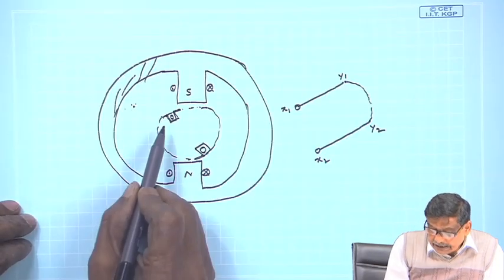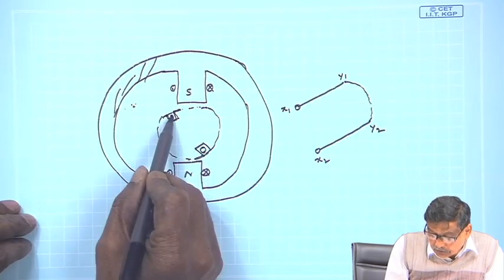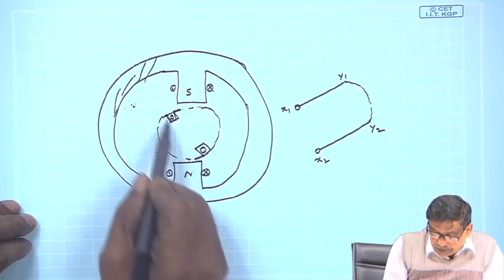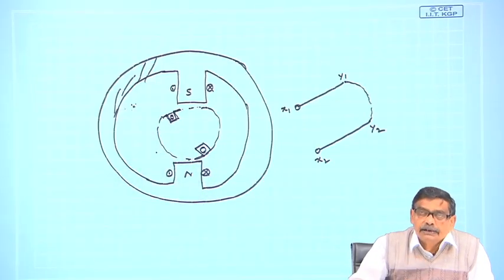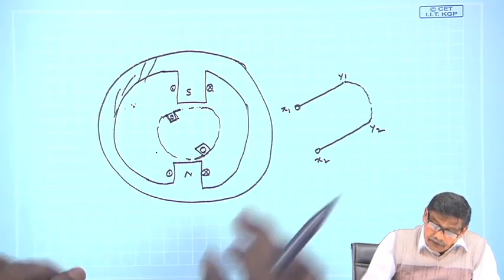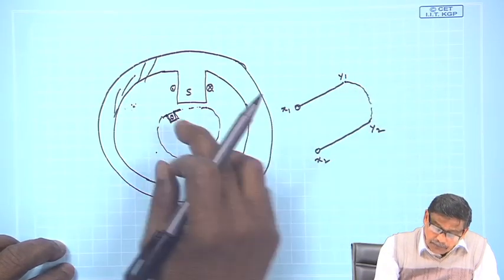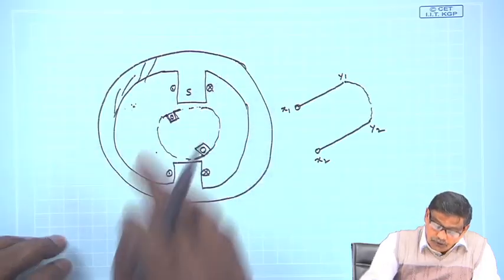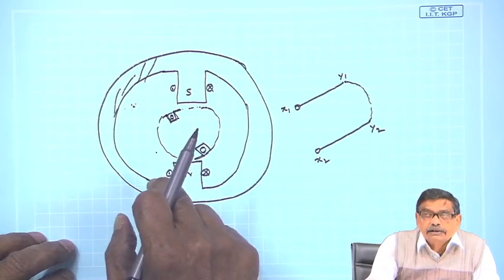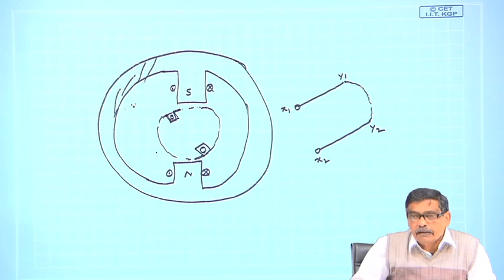By placing these two conductors in these positions, I have ensured one thing: when x1 y1 is under the center of the south pole, I am sure x2 y2 will be under the center of the north pole.